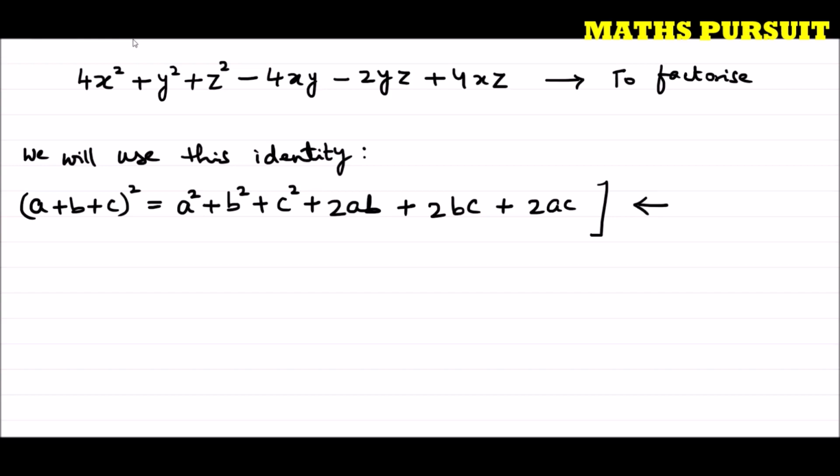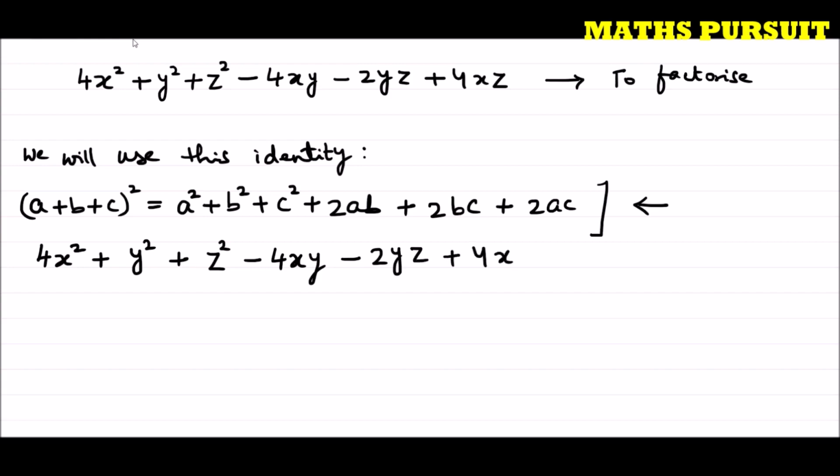Now guys, let us focus on the given expression. The given expression is 4x² + y² + z² − 4xy − 2yz + 4xz. This is what the question has given us.